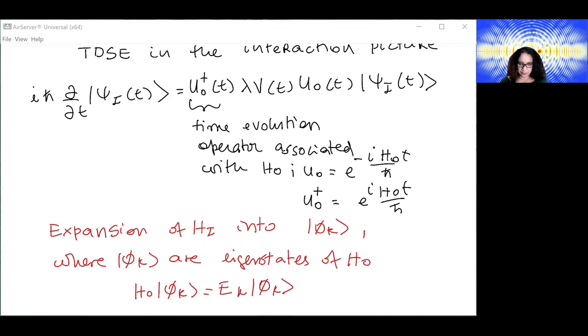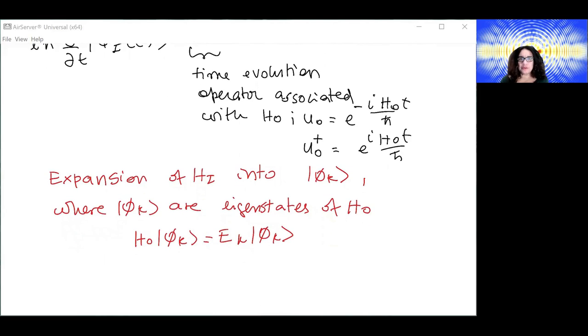That's a definition. So this is what we're going to plug into the time-dependent Schrodinger equation.